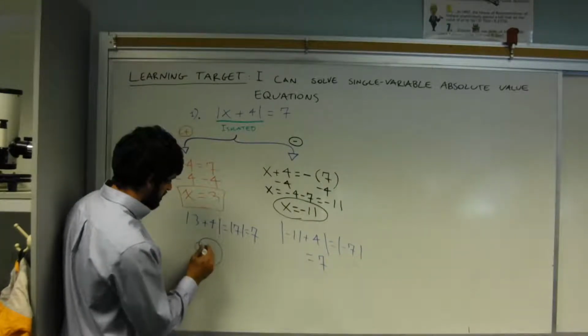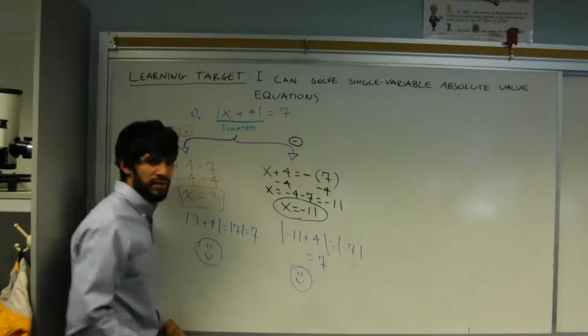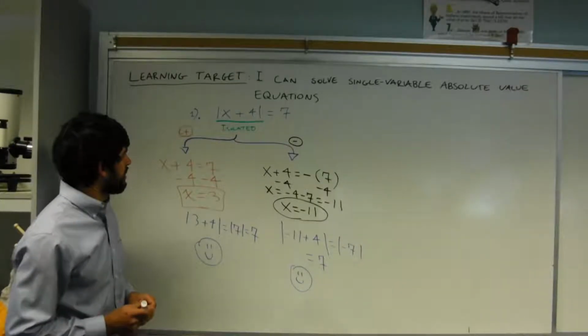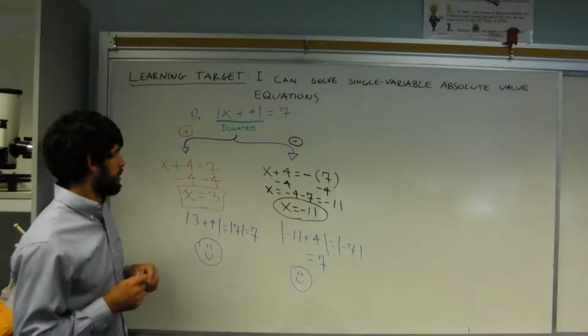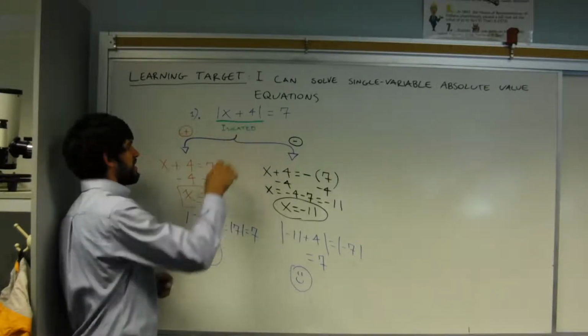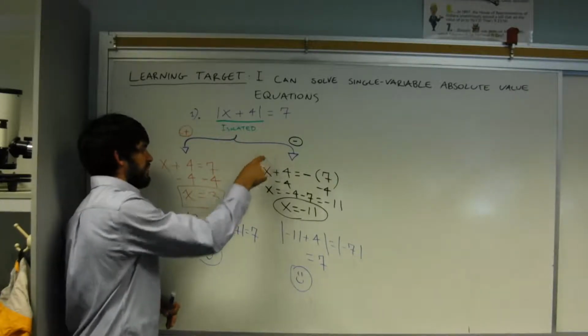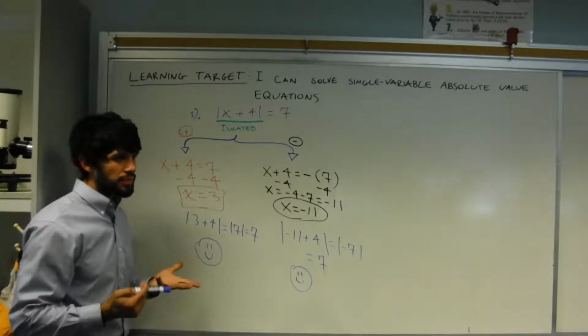So both of these solutions work, and so that's why we celebrate with a happy face. So that is one example. Notice we start by having the absolute value isolated, and then we split it into the positive and the negative case, and we're going to get two answers.